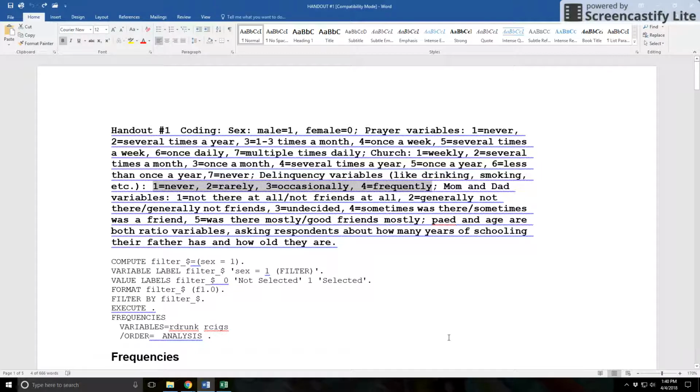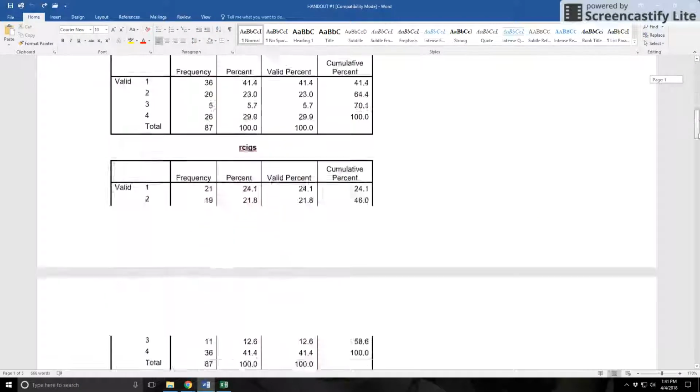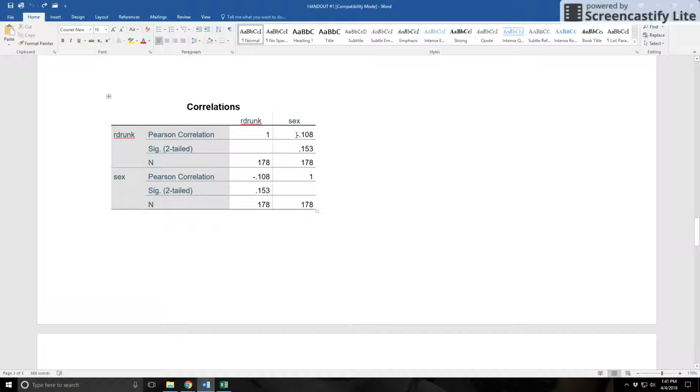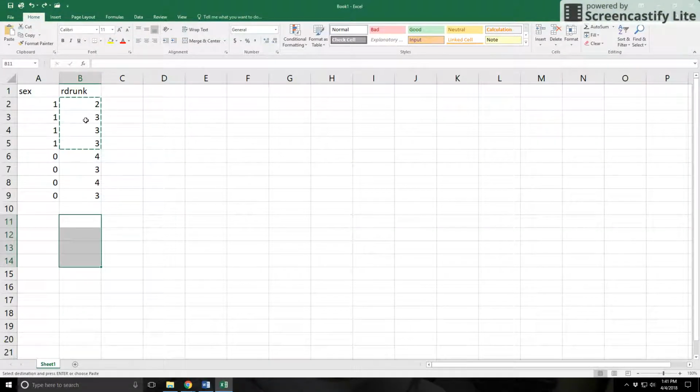This is the getting drunk scale. What does that mean? The negative sign means lower. Lower means they're down here. Higher would mean they're up here. If you go back down here, you can see there's a negative sign right there. That's what it means: the ones were lower on the getting drunk variable than the zeros. Who are the ones? Men. Zeros, women. So compared to women, men are on the lower end of the scale.